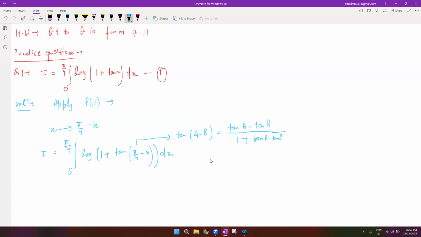And pi by 4 is 45 degrees, so tan pi by 4, that is tan 45, is 1. So I can simplify this whole expression as the integral from 0 to pi by 4 of log of 1 plus, tan pi by 4 which is 1, minus tan x divided by 1 plus tan pi by 4 into tan x.